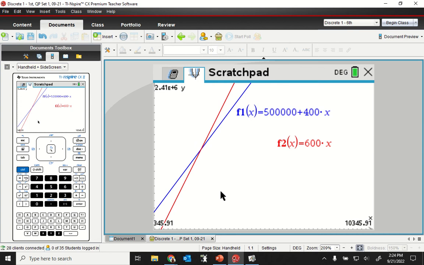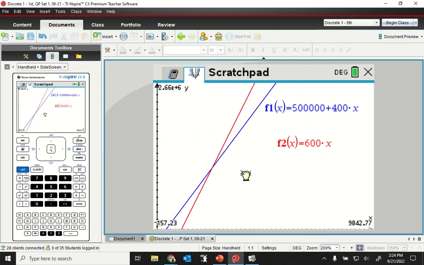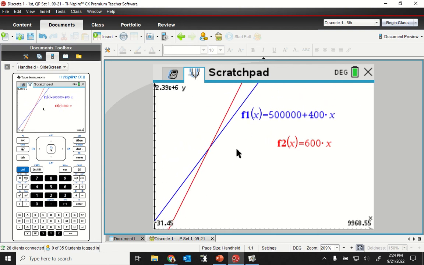They do have a mouse on it, so you can slide it. And I found my intersection is right there. So I could just grab the screen and move it to whichever place I need to. If I need to keep dragging it up or down, I can. Smart calculator, right?